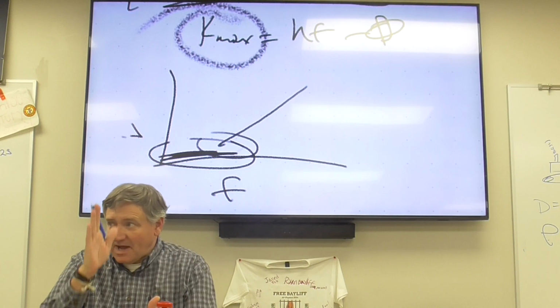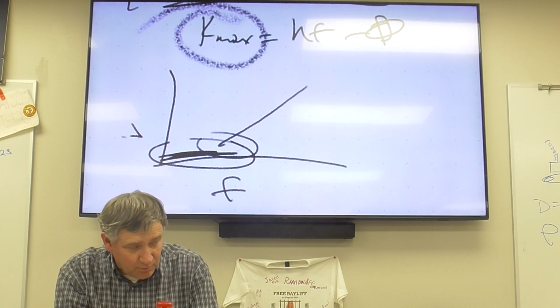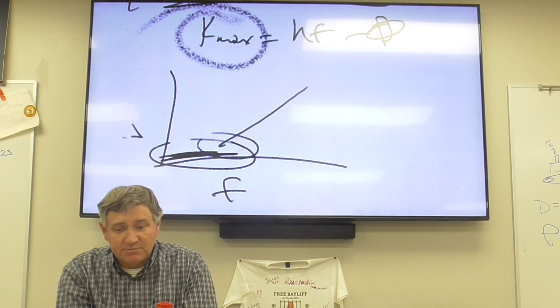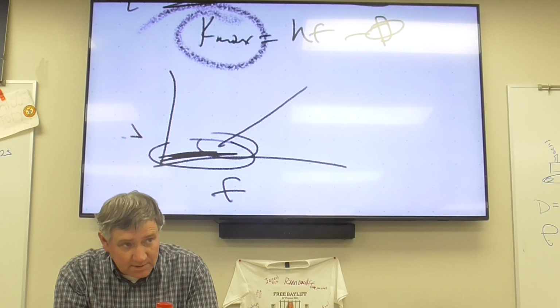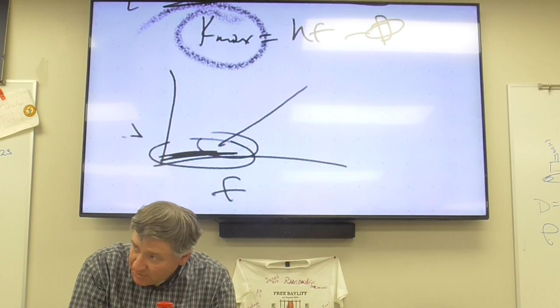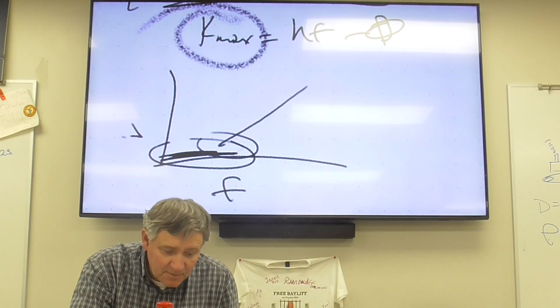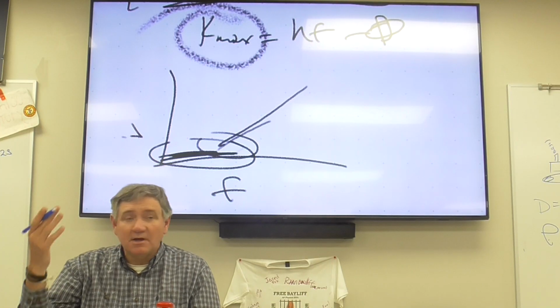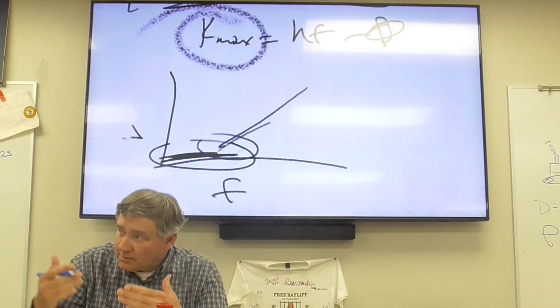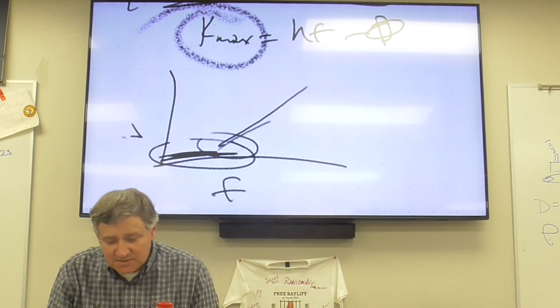By virtue of the fact that there is a unique starting point, these electrons absorb a certain quantum of energy. There's a threshold that has to be met. And once that threshold is met, it becomes a linear function because frequency is directly proportional to the energy of the photons.